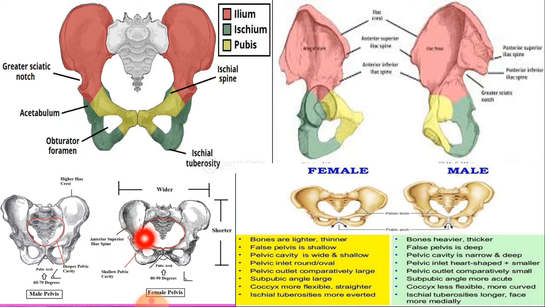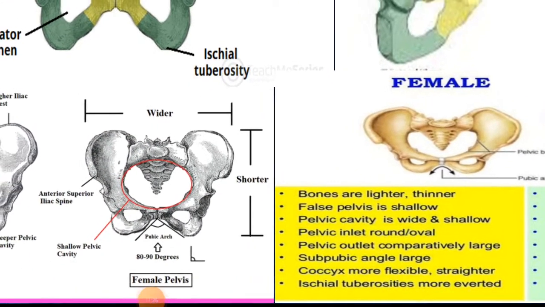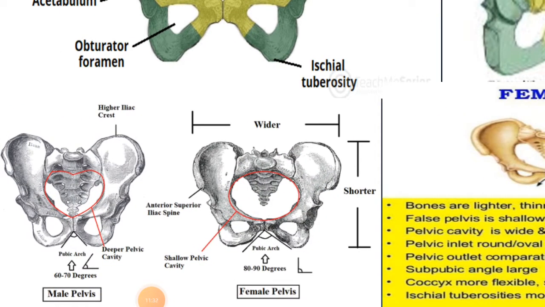The pelvic cavity is wider and shallow for the easy passage and to provide room for the growing fetus. So it's roomier as compared to the male pelvis.